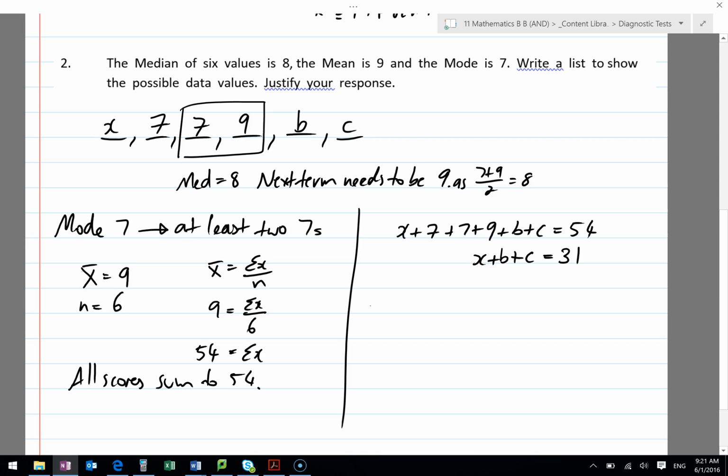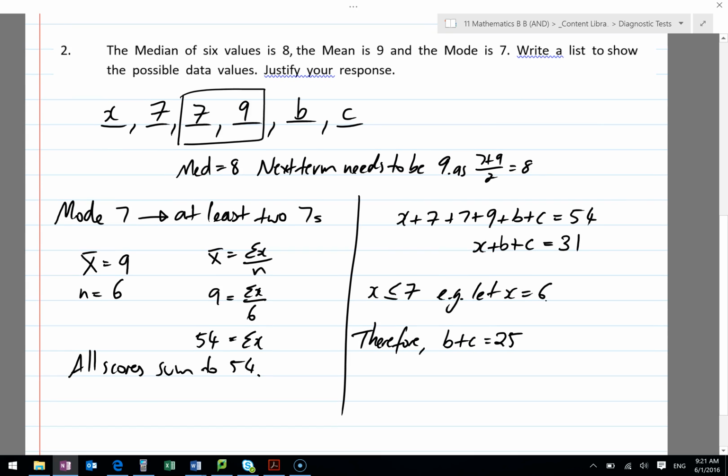So my x value needs to be less than or equal to 7. So let's just, for example, let x equal 6. And we can play with that. So therefore B plus C needs to equal 25, just taking away that 6 from there.